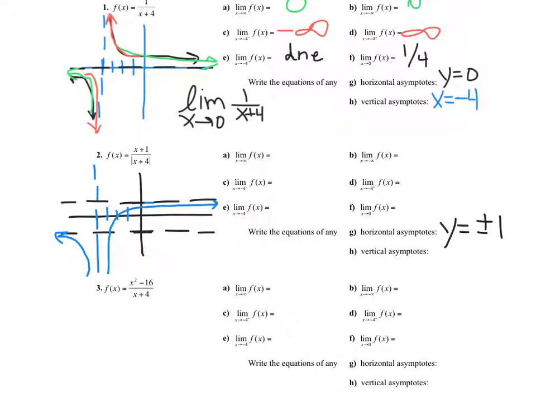Horizontal asymptotes are weird, right? Because you can actually go through them. They only affect parts of the graph. I went right through this asymptote right here. You're not allowed to go through vertical asymptotes ever. That's a rule. But horizontal asymptotes can affect, one is affecting the right side, the other asymptote is affecting the left side. So now let's answer all their questions.